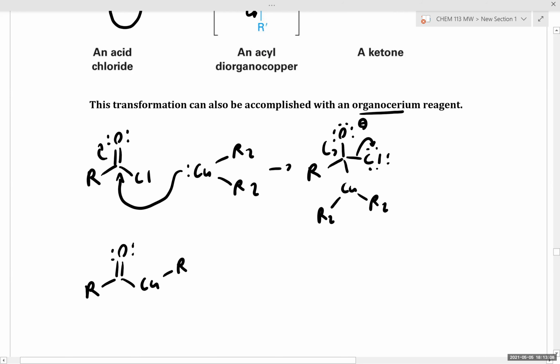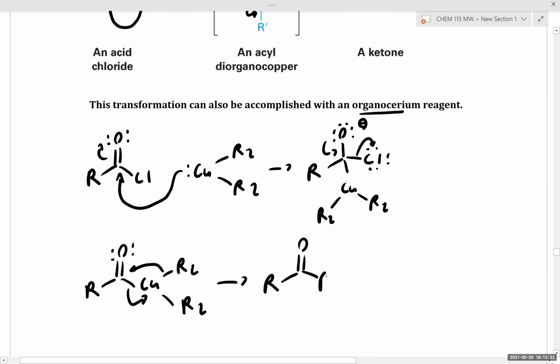Now, from here, this acyl diorganocopper species will then undergo reductive elimination, where we form a bond between this alkyl group and our carbonyl carbon, and we lose our alkyl copper species.